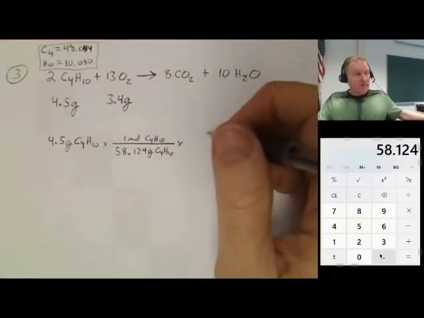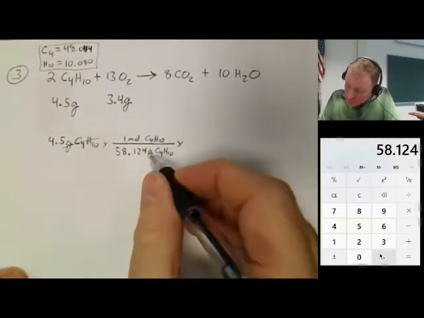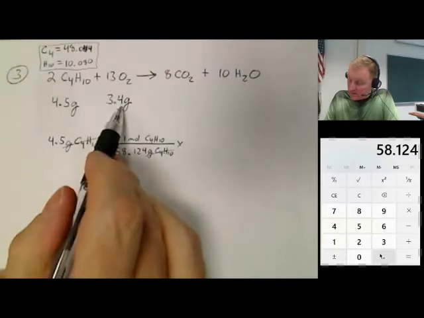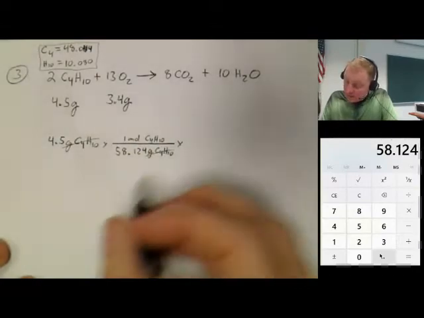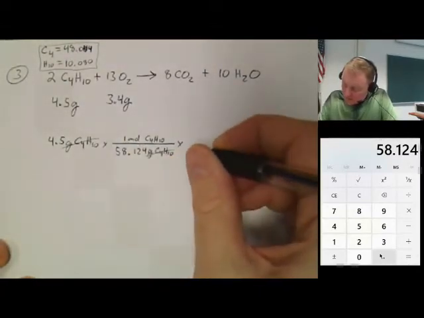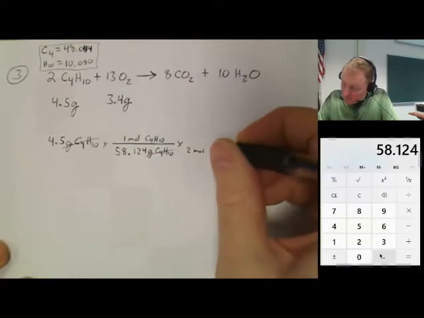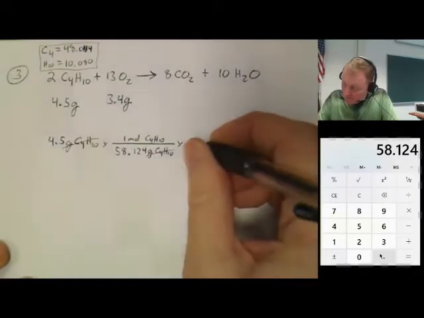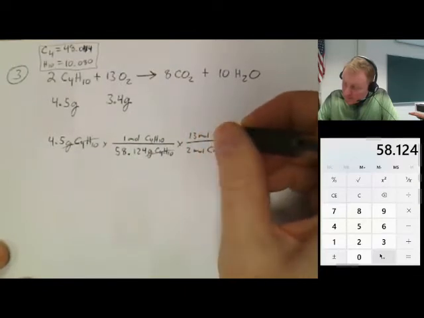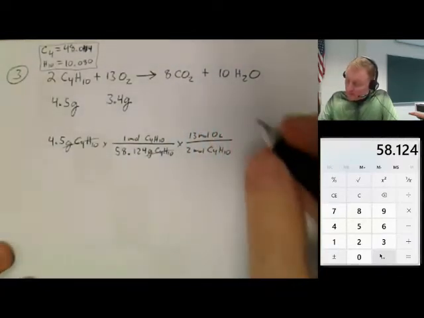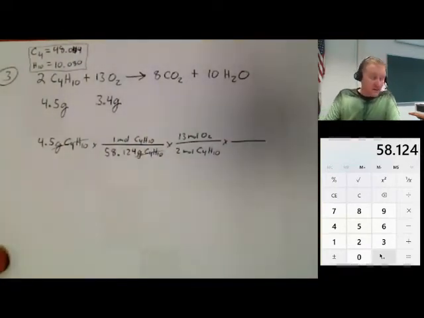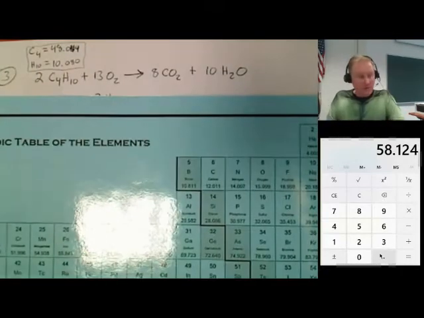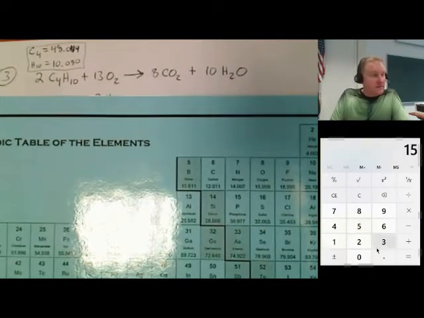Okay, now I've got a gram to gram cancels out. I'm in moles, but I want to get us into grams of oxygen just to compare how much oxygen will be needed to burn all this butane. So let's convert this into oxygen. For every 2 moles of butane, there is 13 moles of oxygen that's needed. And then let's convert that one more time into the molar mass of oxygen, and oxygen is 15.999 times 2.